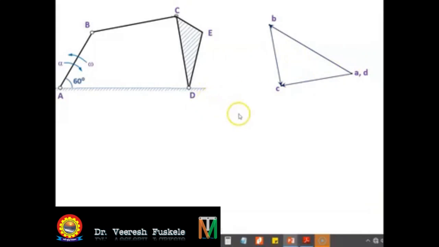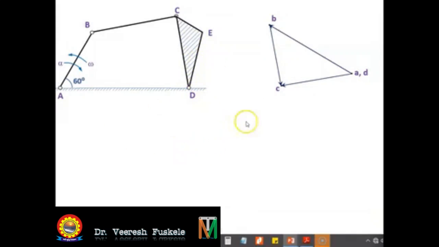But in today's lecture, we'll study the concept of velocity image. This is the other method to draw the velocity triangle of the ternary link or the offset point E. As we know that the velocity triangle of the ternary link will also be a triangle similar to the triangle in the configuration diagram.